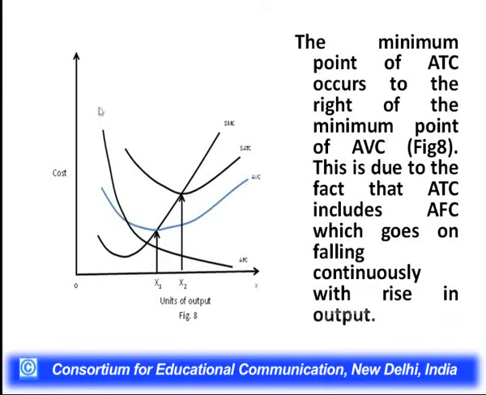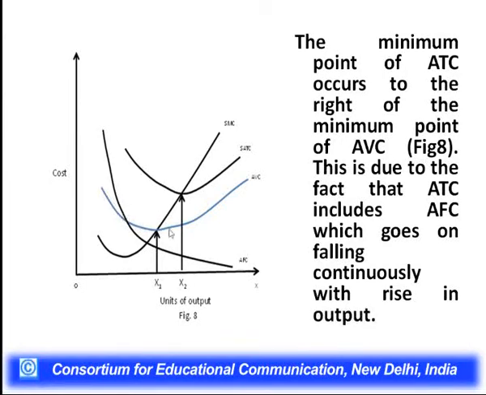Now, to show the relationship between all these curves, we are showing this in figure 8. On the x axis we have taken units of output, on the y axis we are taking the different costs. We know that AFC goes on declining because total fixed cost is constant and output is rising.